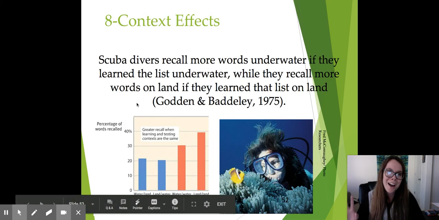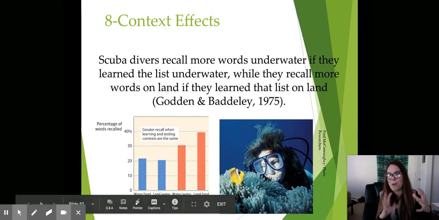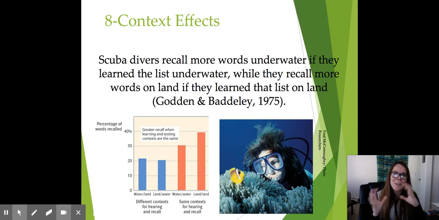We also have this very interesting phenomenon of context effects. Scuba divers recall more words underwater if they learn the list underwater, while they recall more words on land if they learn the list on land. What it means is the context of what you study.